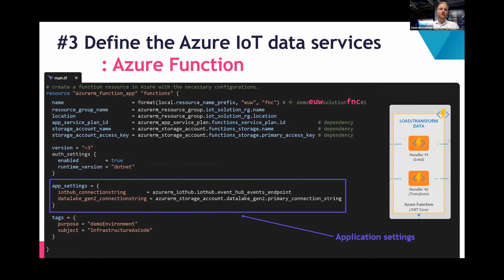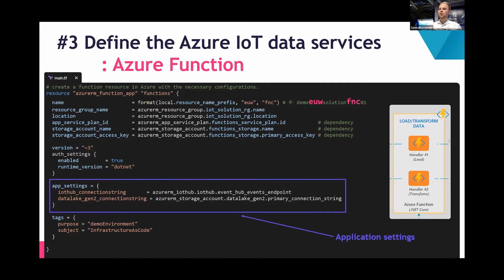Normally you will do this manually in the portal, and locally you have some config settings file where you define these connection strings to debug it, to run your application locally. But with Terraform, we can already define these application settings and already make the connection for our Azure function.